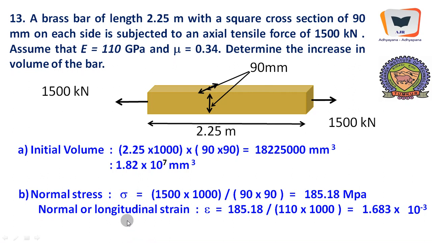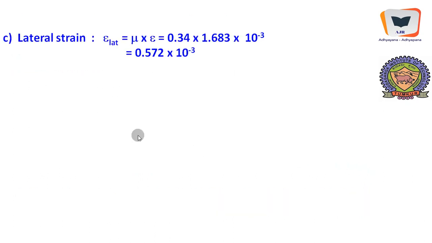So normal strain, or longitudinal strain, is 185.18 divided by the elastic modulus. The elastic modulus is 110 GPa, multiplied by 1000 to make it MPa. So we will get the longitudinal strain to be 1.683 into 10 to the power of minus 3, and it has no units, of course.